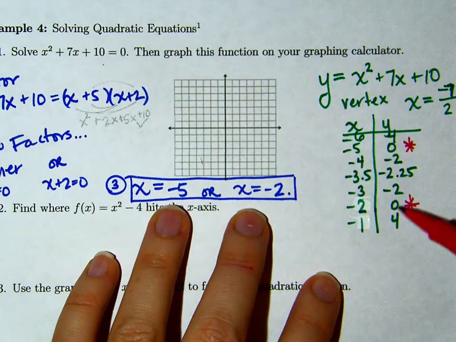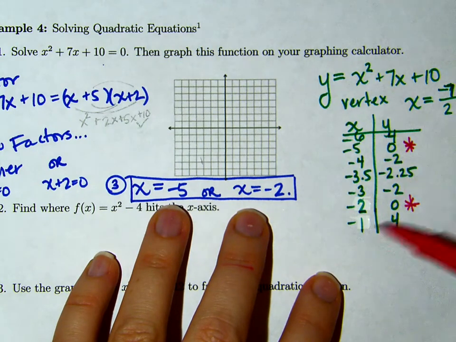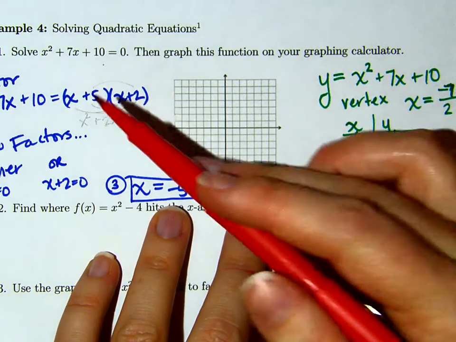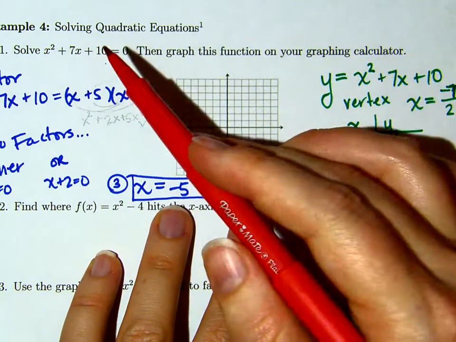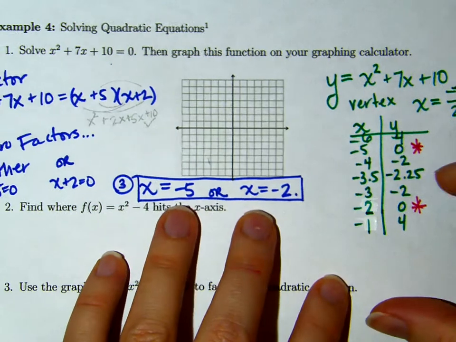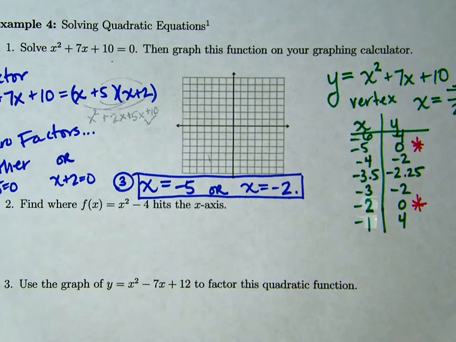X at -2, the y value is 0. So I see my table of values is telling us the solution to when our quadratic is equal to 0 instead of just a general y. Okay, but that gives rise to other possibilities too.